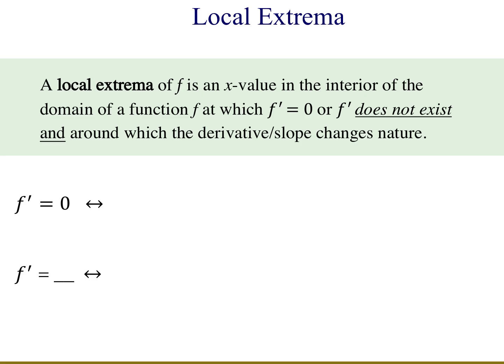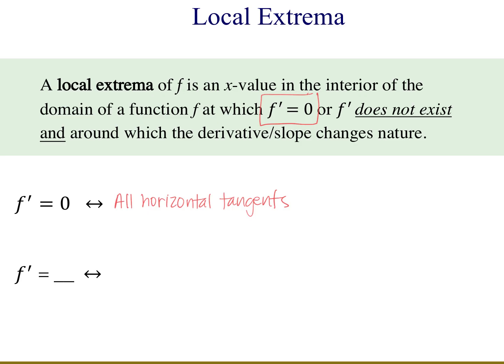And so we can find an extrema by taking our derivative and setting it equal to 0. This will find me all horizontal tangents. Now, a horizontal tangent could be a max or a min. You don't know the difference, but it could be a horizontal tangent.